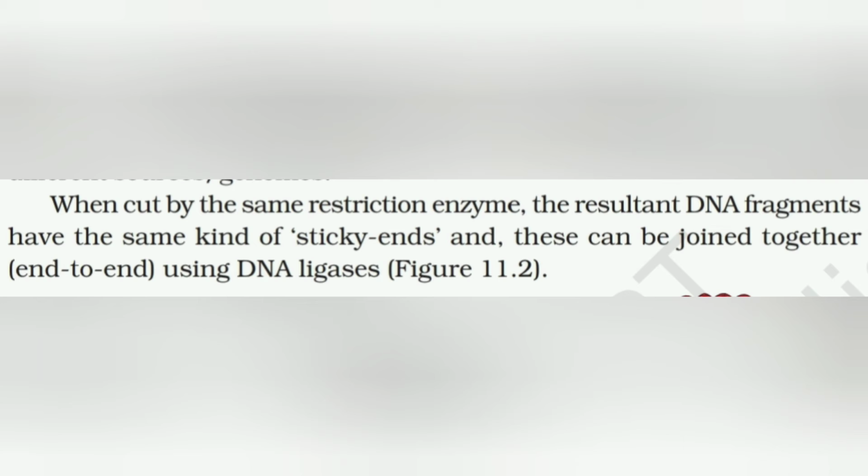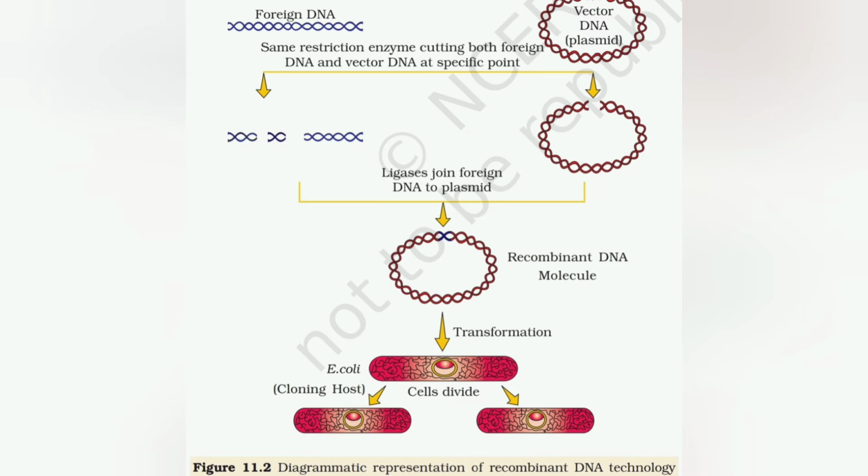So after the use of restriction endonuclease, when we want to join two different DNA segments or stretches, we have to use another enzyme called DNA ligase that joins the sticky ends of the two DNA end to end.